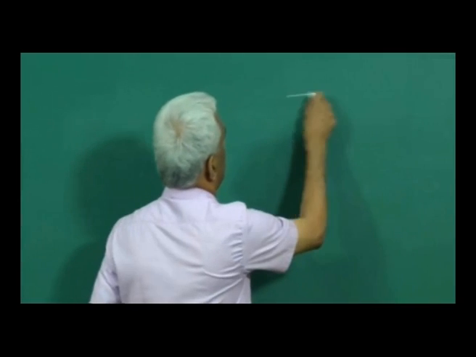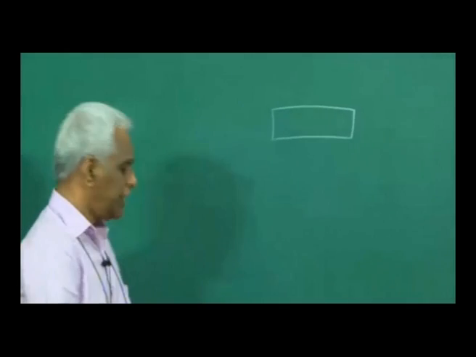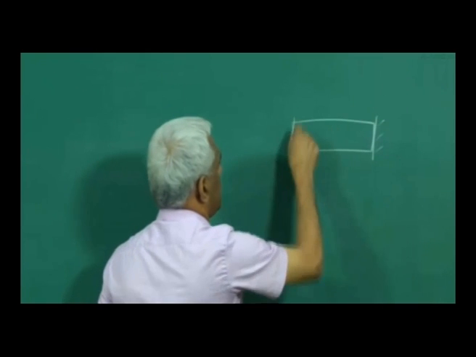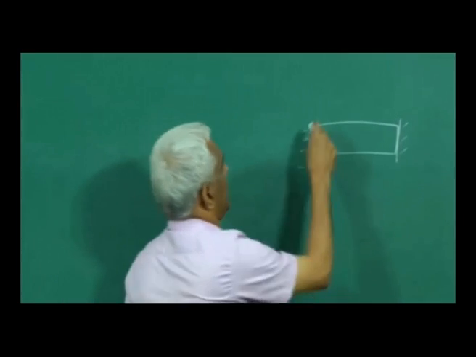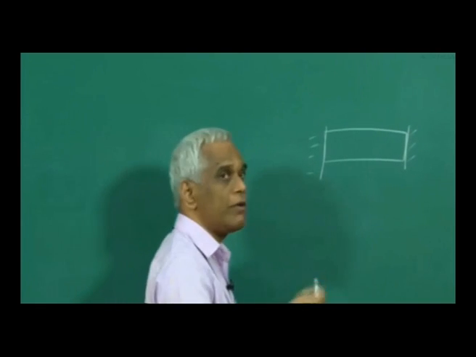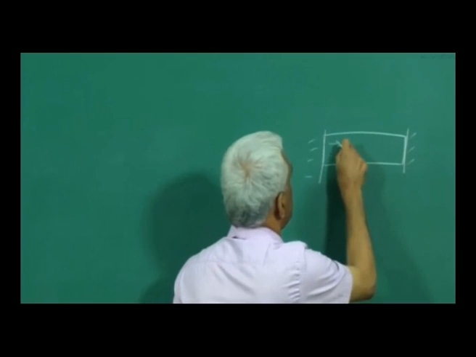Let us look at the cavity in a little greater detail. We have the cavity here. You have the end mirrors. This is just a schematic. A spontaneous emission event, which will happen automatically, will trigger a stimulated emission event.